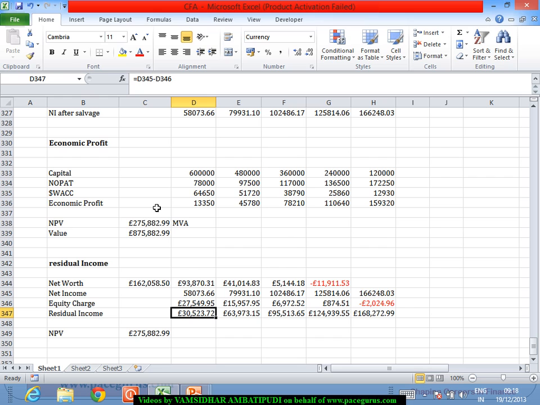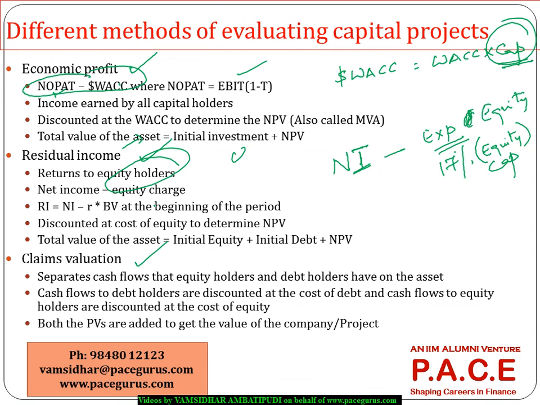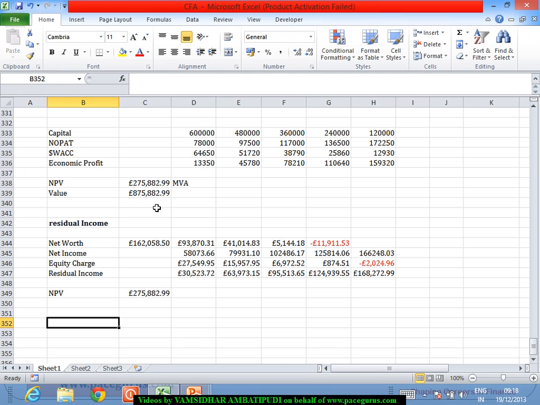So even this is another approach that can be used to compute the NPV for the particular project. And finally, I also have a claims valuation approach. This is an interesting approach, wherein I separate out the bonds as well as equities.